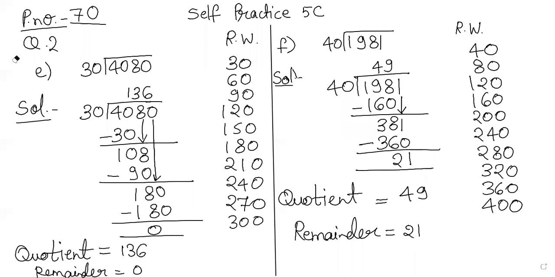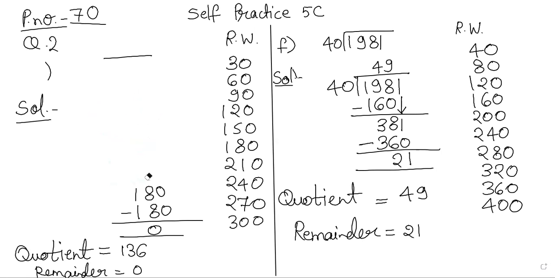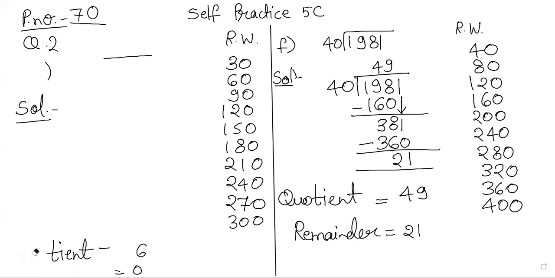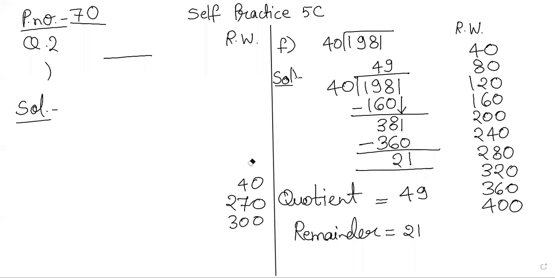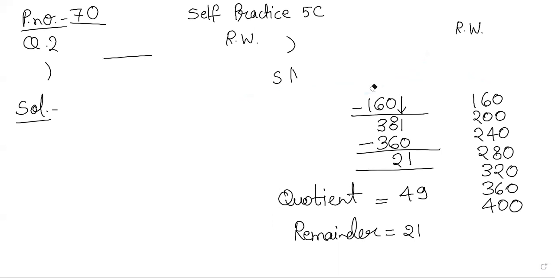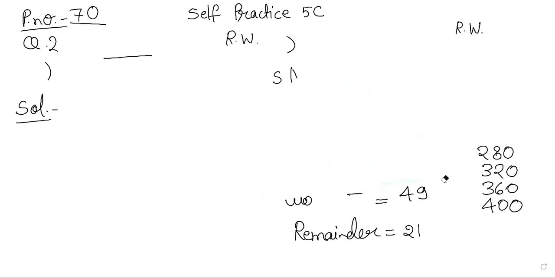Now, question number G. In question number G, 300 is the divisor.